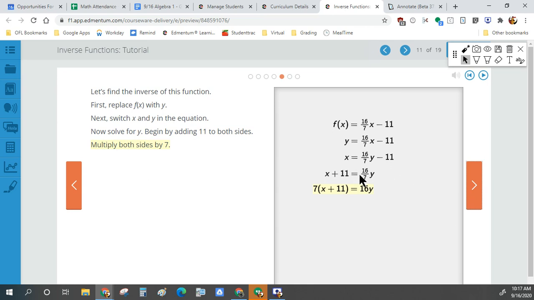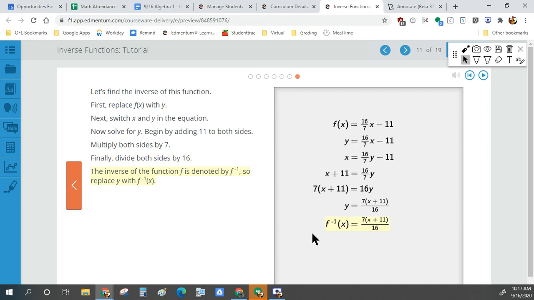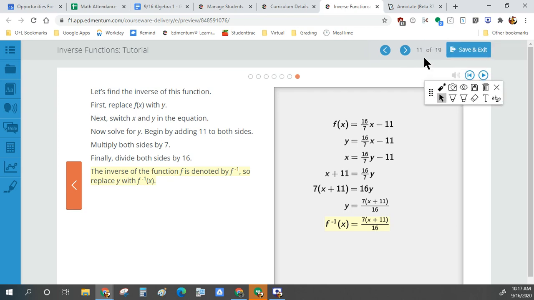I like getting rid of it one step at a time instead of flipping it over. So they're multiplying it by 7 on both sides. And then they're going to divide everything by 16. And now for our last step, we're going to take that y and turn it into f inverse of x. So you guys can always come back to this slide 11, and it'll help you out with it.